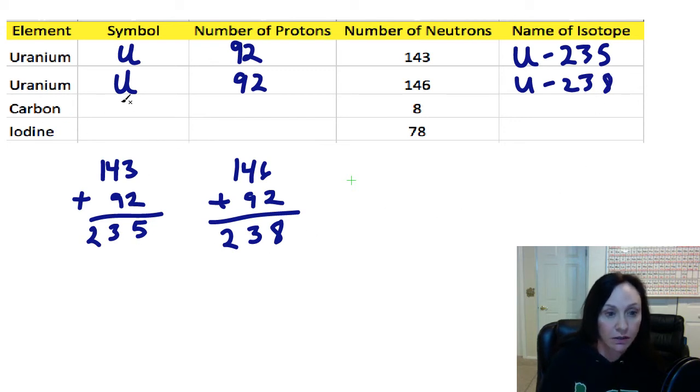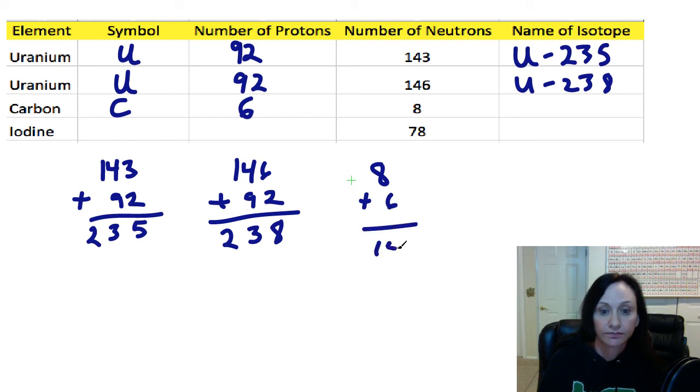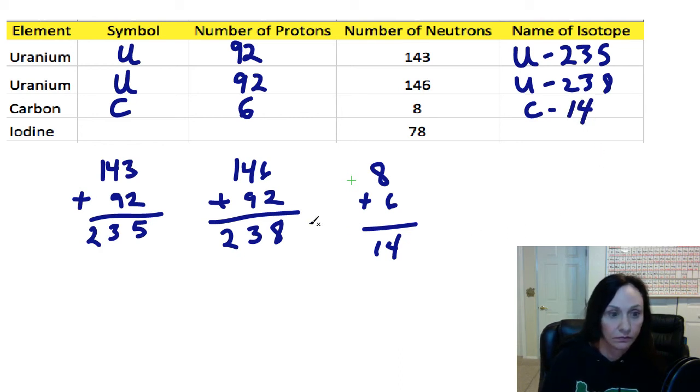Our next element is carbon. The number of protons in carbon, we look at the periodic table, and it's the same as the atomic number, which is 6. The chart says that it has 8 neutrons. To name the isotope, we need to add these two together. 8 plus 6 is 14. And this is carbon 14. Iodine is next.